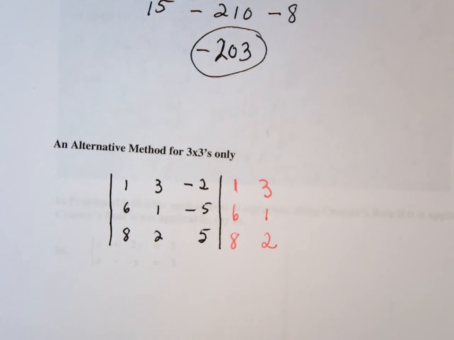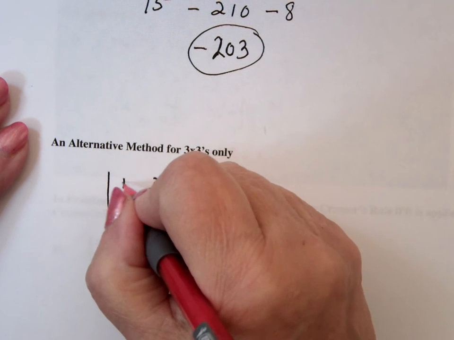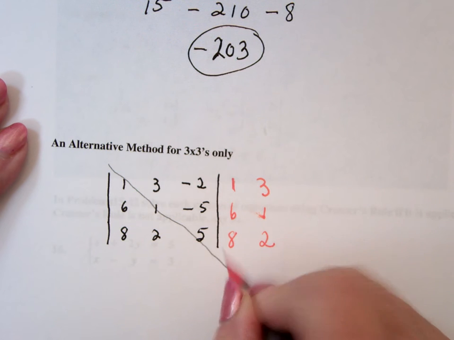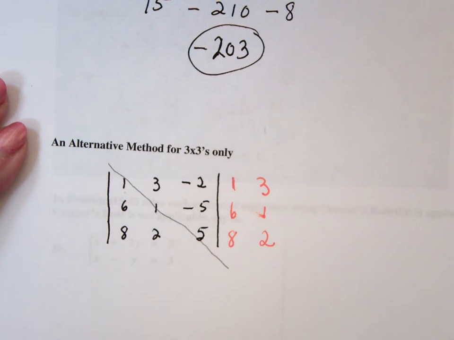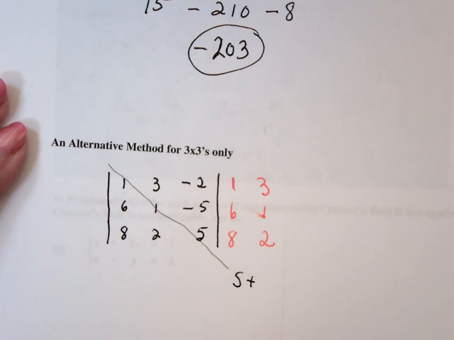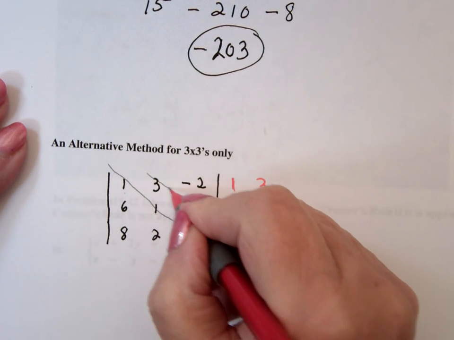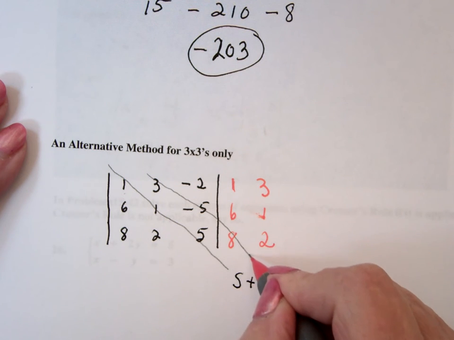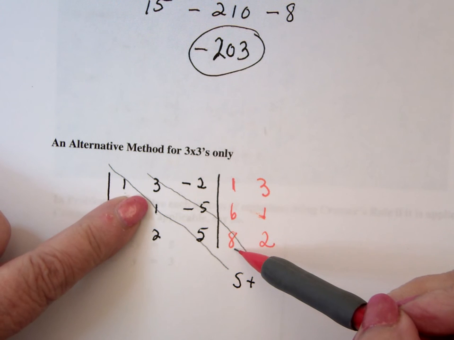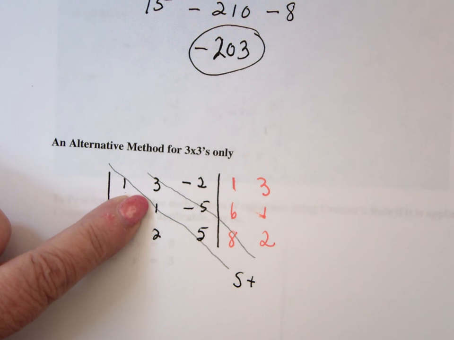So now you do exactly what you did with the 2 by 2s. Starting in the upper left-hand corner, you multiply down. 1 times 1 times 5, well, that's 5. Then you're going to add to it, multiply down, which is -40. -40 times 3 is -120.